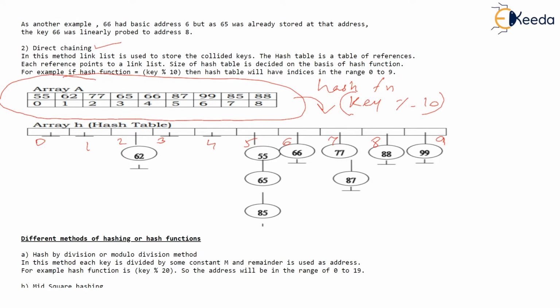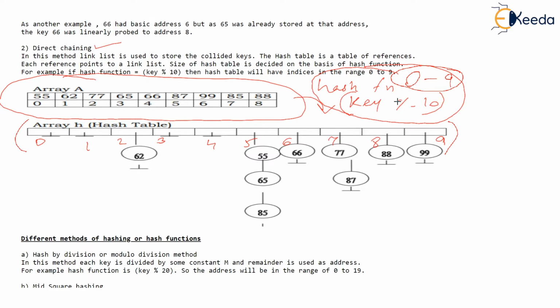You tell me, if we are using hash function key % 10, come on, what will be the smallest address? Smallest remainder can be 0 and the largest remainder can be 9. That means the addresses that we are going to get out of any key is between 0 to 9. So in direct chaining, check my words, in direct chaining, it is sufficient to take hash table exactly from 0 to 9 elements if the hash function is key % 10.